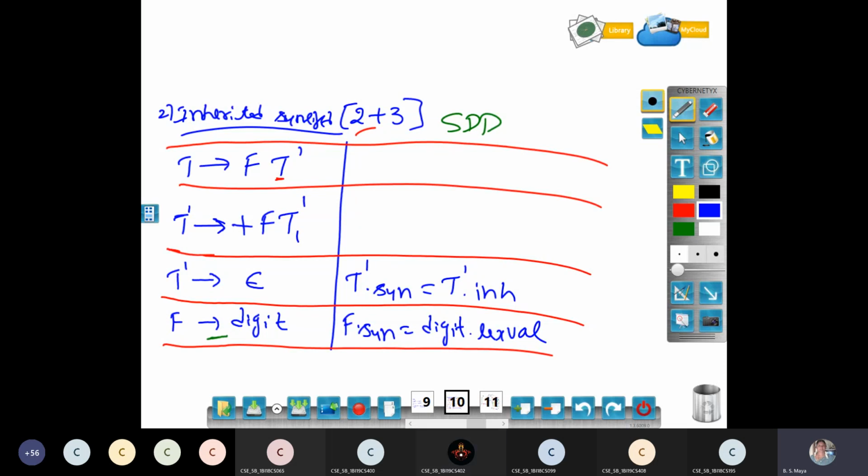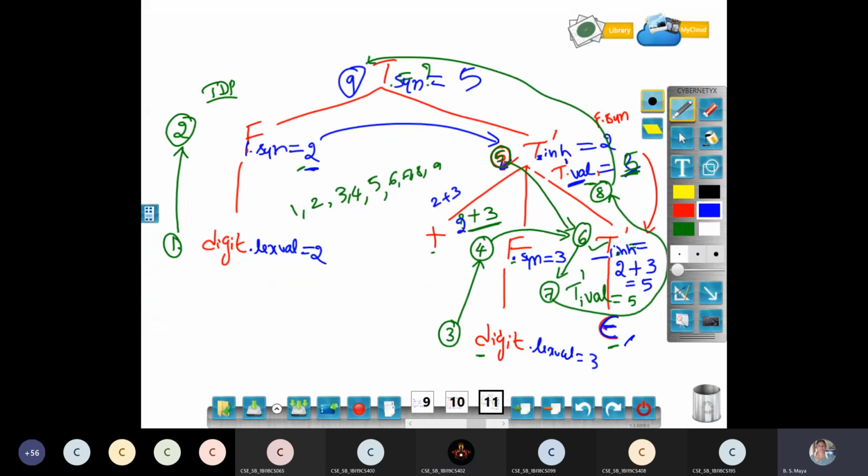Then how to calculate this T dash, the second one? See, before calculating synthesized, this is your synthesized, the normal synthesized. Before calculating synthesized, you should calculate this inherited, right? Yes, ma'am. Without getting inherited, I can't find out, right? You should go to the diagram.